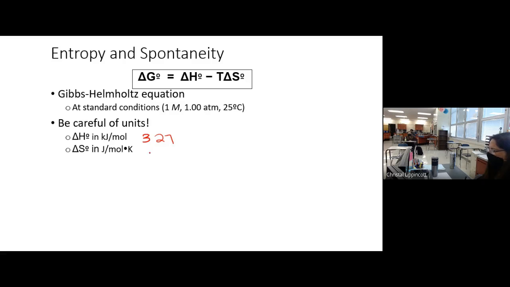Let's say we ended up with 952, but that's going to be joules per mole. You have to move that decimal point 3 spots over to make it work. They will get you with this. I guarantee it. This is the common place that people slip up, so be very careful with that.